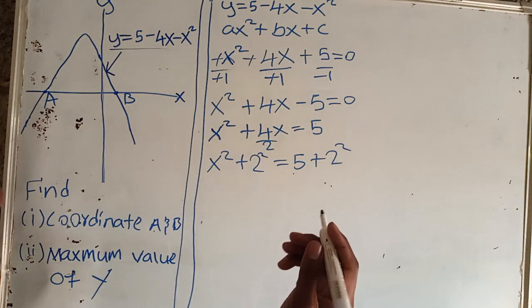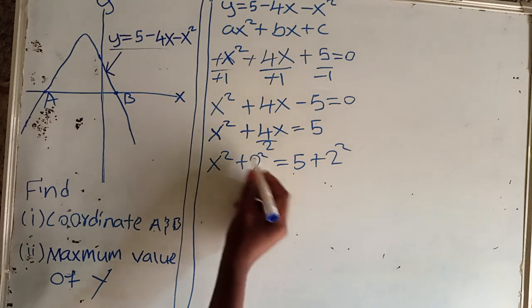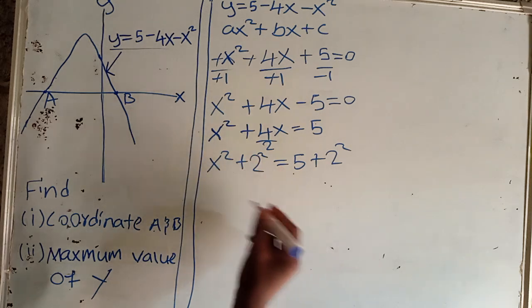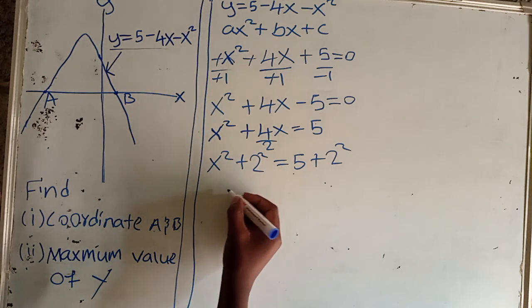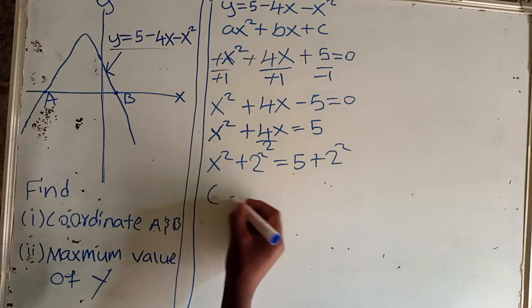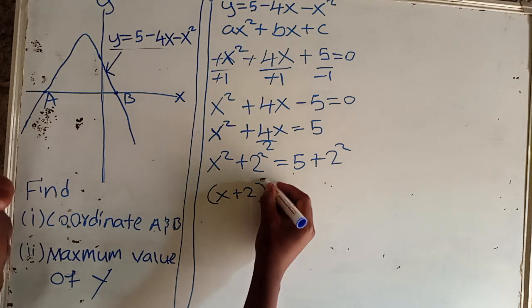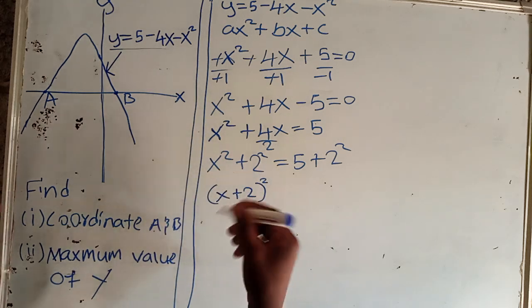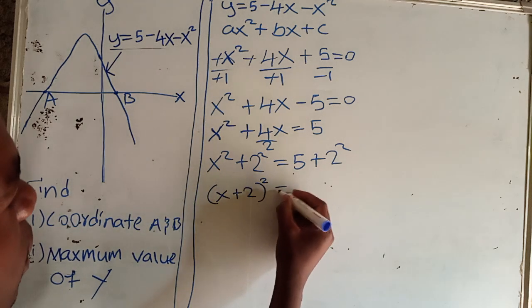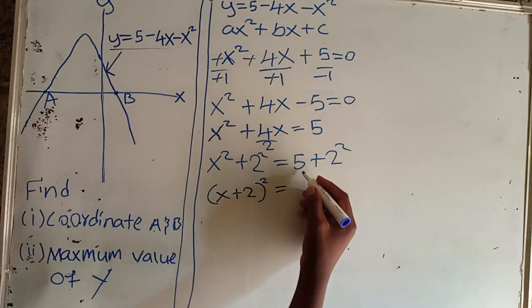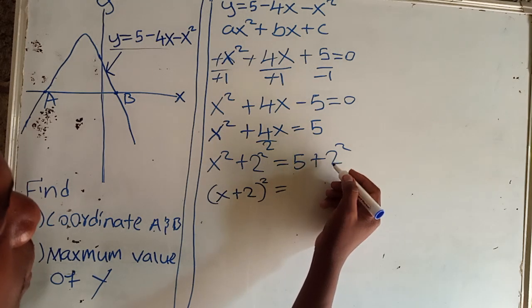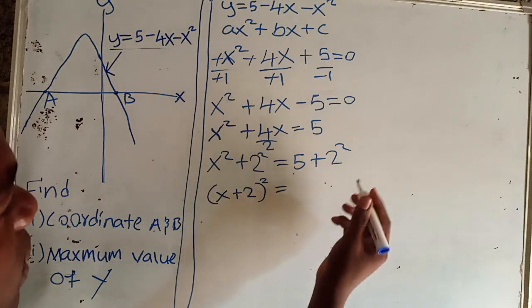So after that, we are going to put these in one bracket because they are both squared. So we are going to have open bracket x plus 2 close bracket squared. This and this are just one and the same thing. Then we are going to say is equal to this 2 multiplied by 2, it is 4.